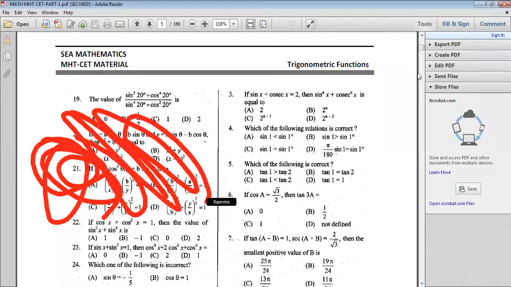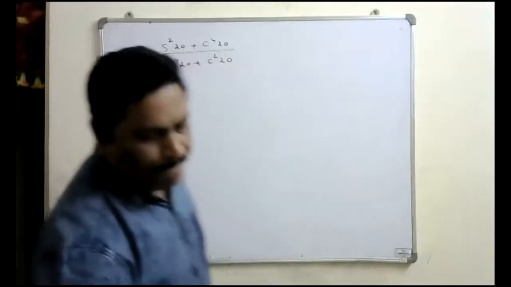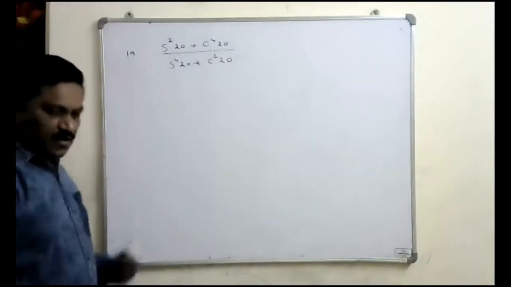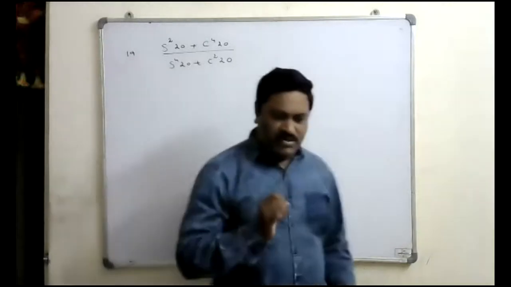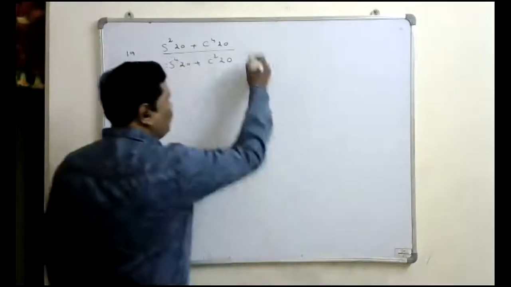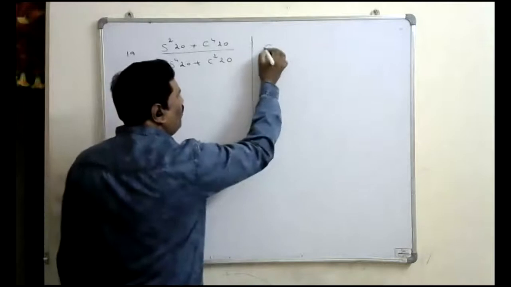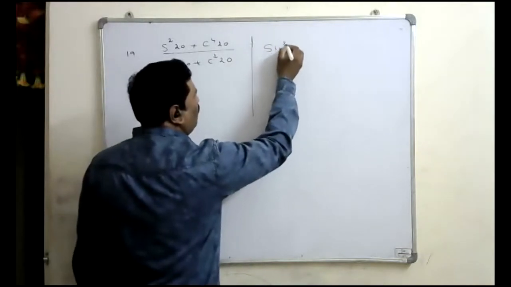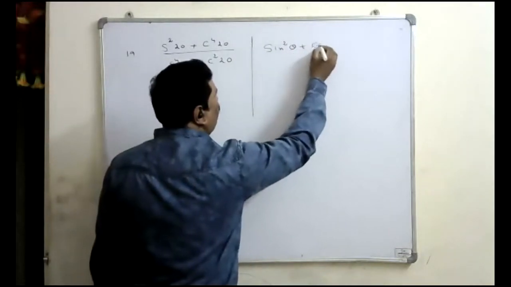Just observe here. To find this, we have to remember one result. I want to find the value of sin square theta plus cos power 4 theta.